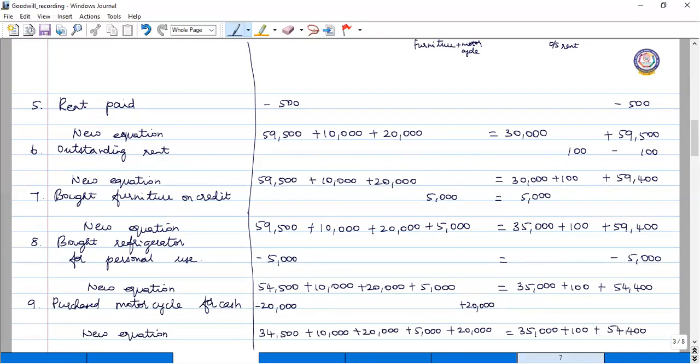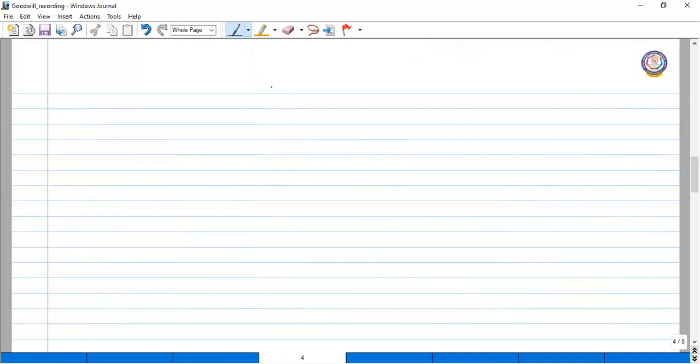So we have to just cross check whether both the sides it's equal. Okay. So now in the question they have asked us to prepare balance sheet for this. Okay. So we'll prepare balance sheet.